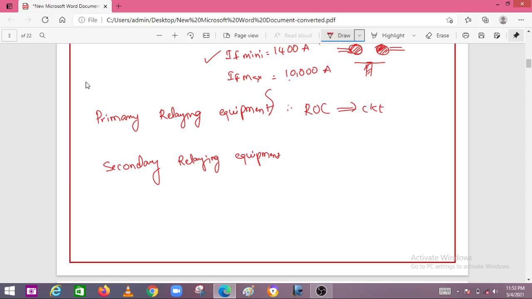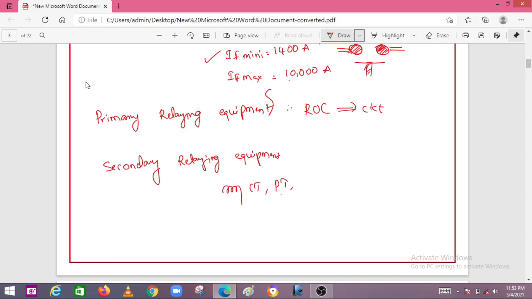Secondary relaying equipment means whatever we have discussed just now. The relay operating coil is connected to the circuit to be protected through a CT, or sometimes a PT, or sometimes both CT and PT. So that can be called secondary relaying equipment. If you are using a CT or PT, meaning current transformer, potential transformer, or both to protect the equipment, that is a secondary relaying equipment.